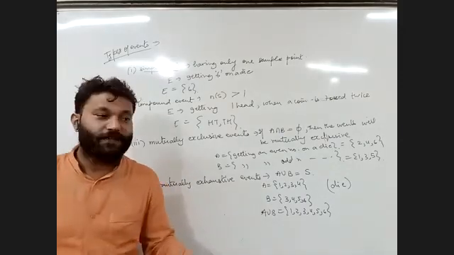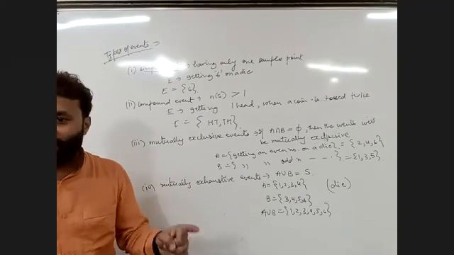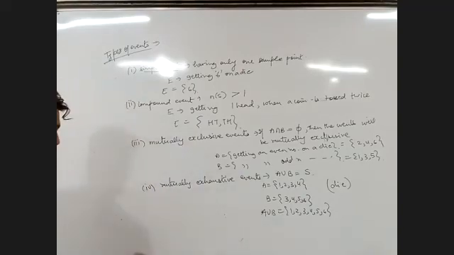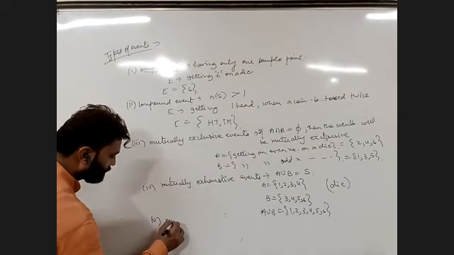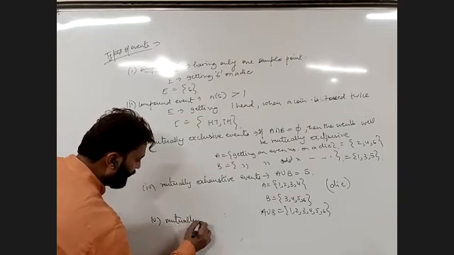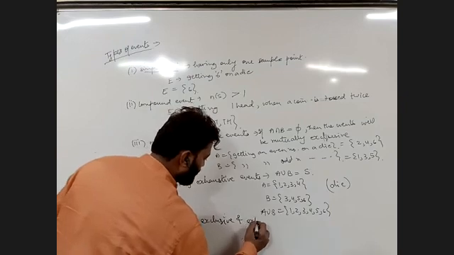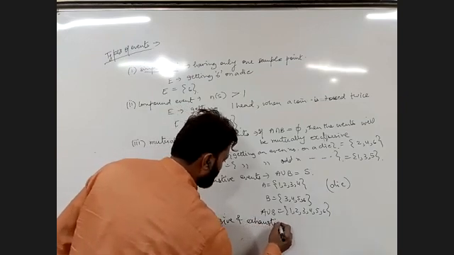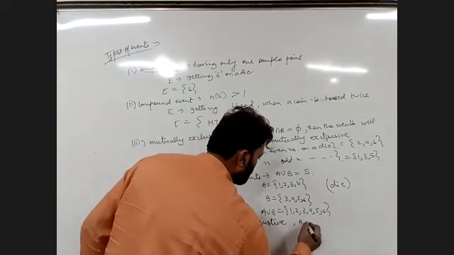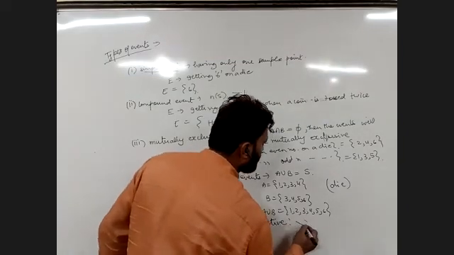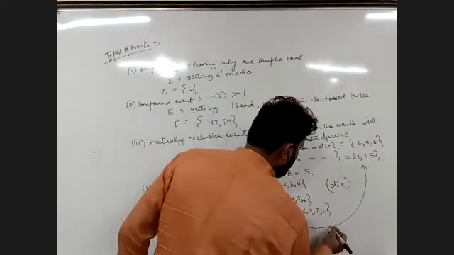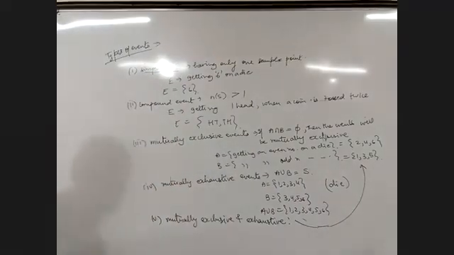There can be events which are mutually exclusive as well as exhaustive, जो दोनों होंगे. So, for example, this particular example is a perfect example for mutually exclusive as well as exhaustive.